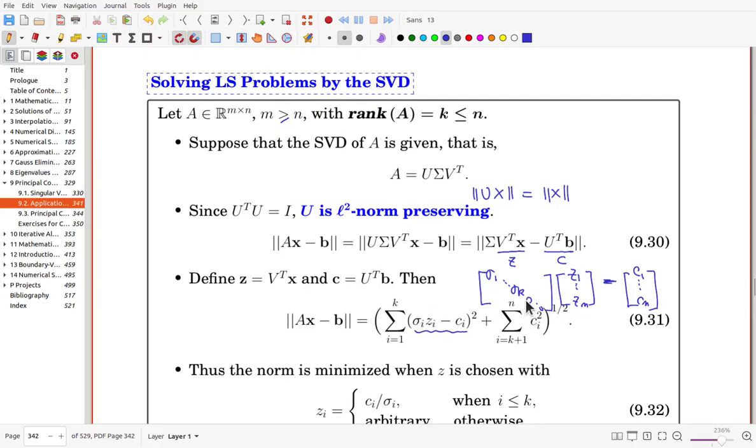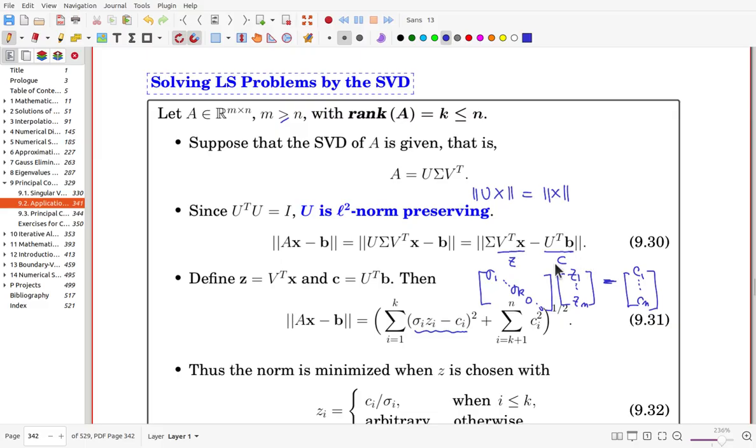But from K plus 1, now this is 0, so that multiplication will be 0. Only the term we can consider is the C values. So from K plus 1 to n, we have Ci squared. So this whole thing is exactly this norm.